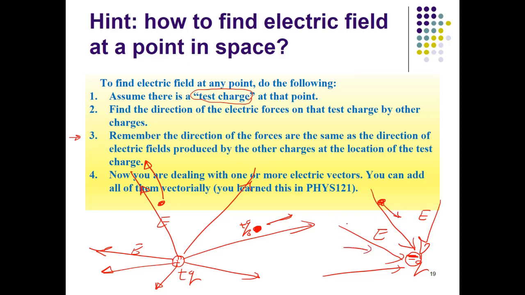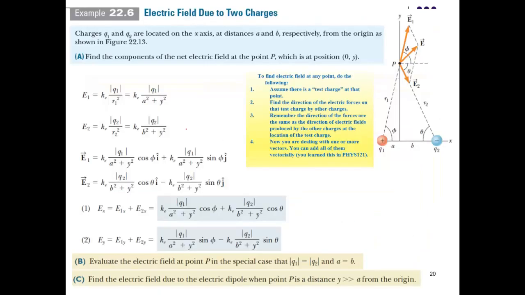Okay, so let me demonstrate this with a question. The solution is here, but I'm going to go through it. This is just a repetition of the hints, the steps that I talked about here. We're going to apply them here. And after you solve 1 or 2 questions, there is actually a quicker way to get to the electric field vectors.